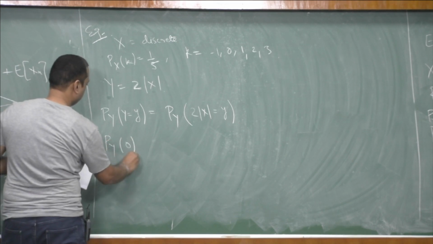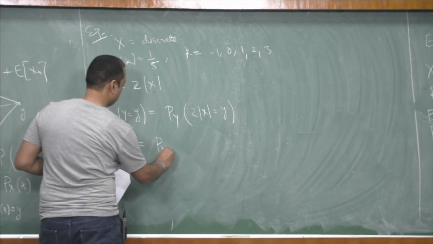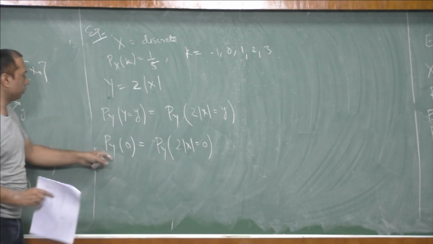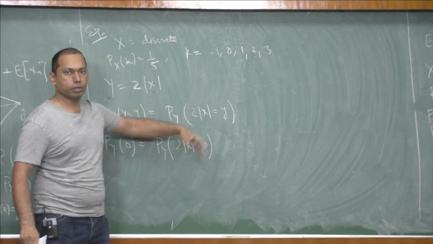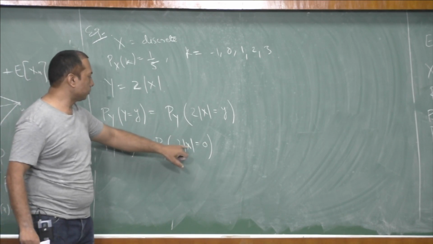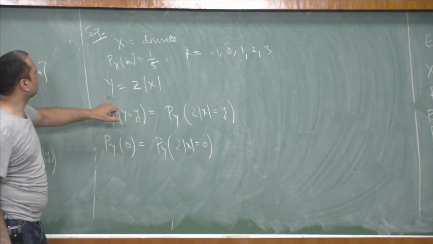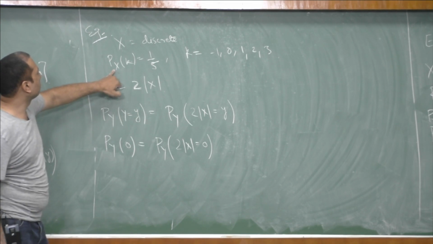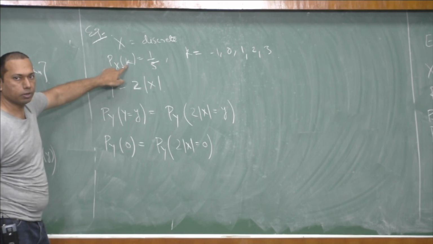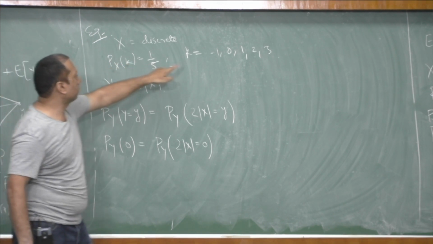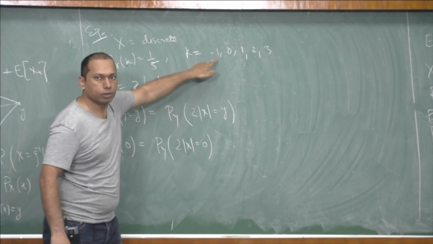So y equals 0. This is the same thing as saying P(2|X| = 0). The moment you put 0, y goes away and the problem is solved. Then you are asking for which x is 2 times mod x equal to 0. The x values are exactly the k values. Which value of x gives 0? Exactly 0.